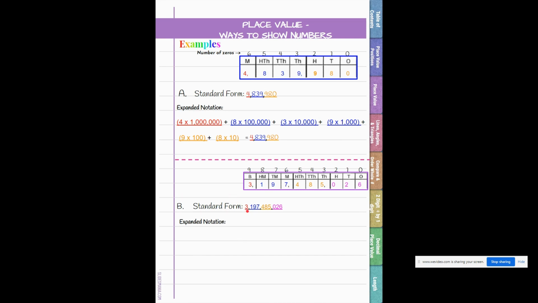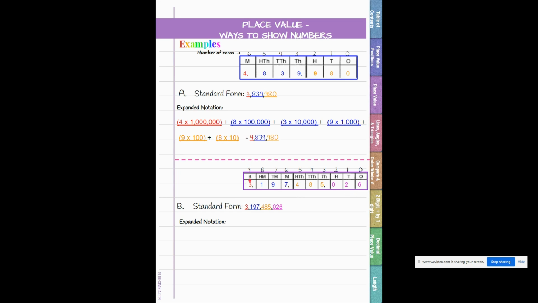Take 6. If I have the numeral 3,197,485,026 and I want to write this in expanded notation, I would create the place value chart, record my numbers underneath the chart, and then record how many zeros are in each place.